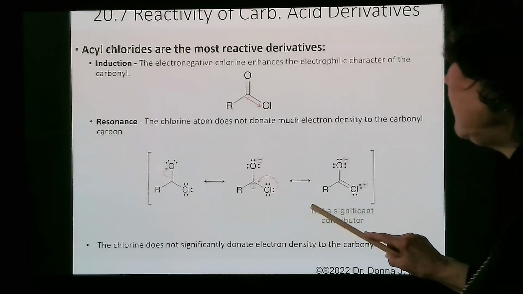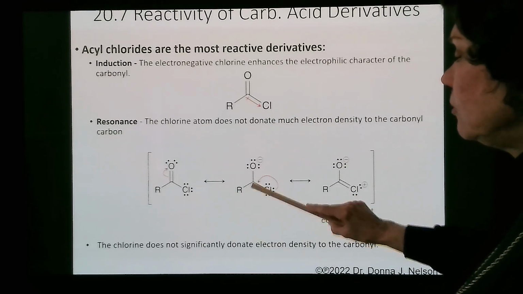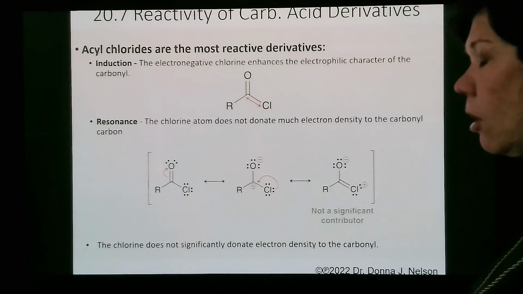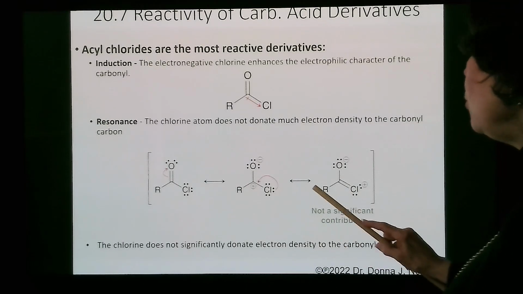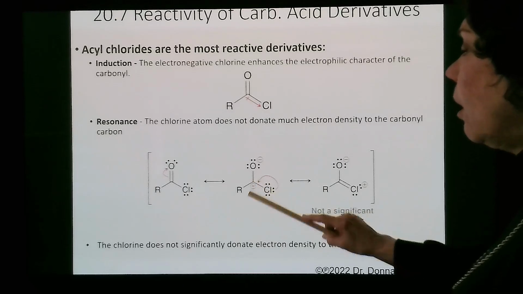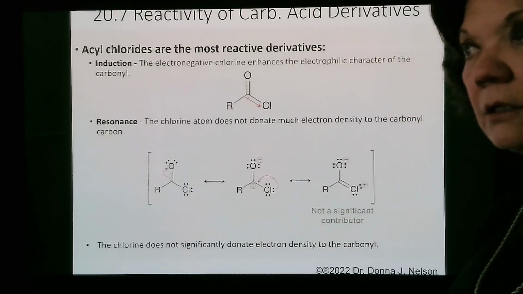And so it does not satisfy the positive charge sufficiently to render the carbon less electrophilic.